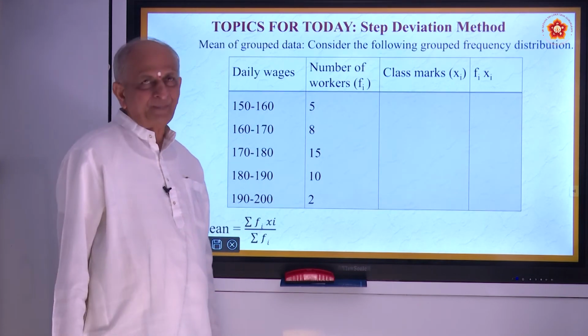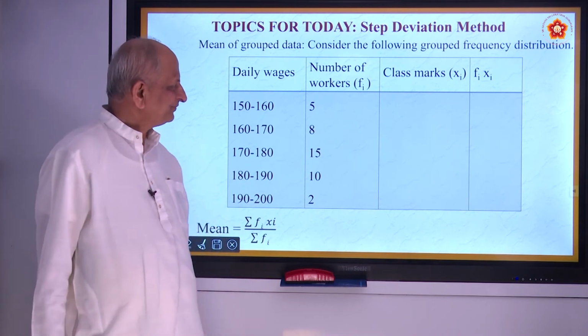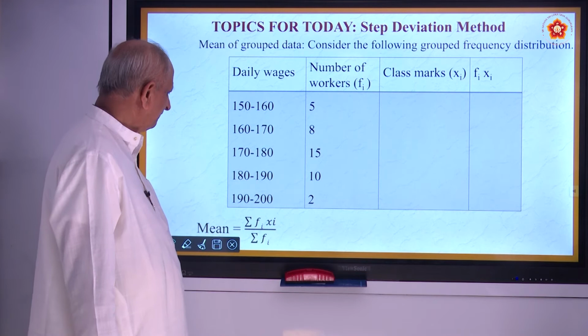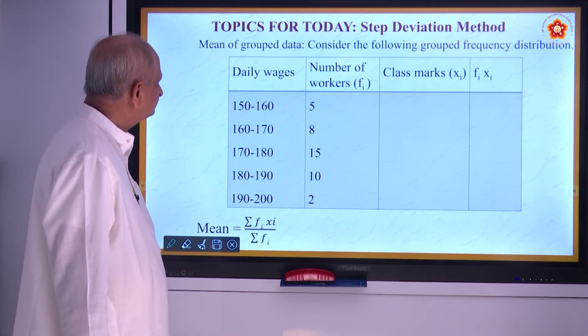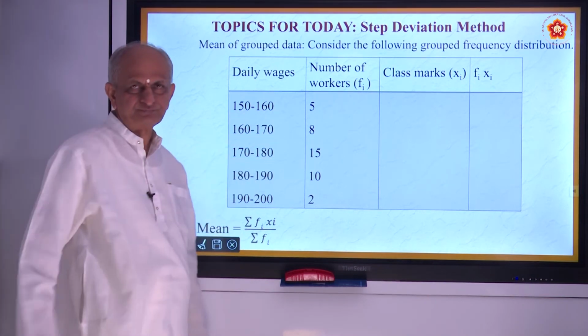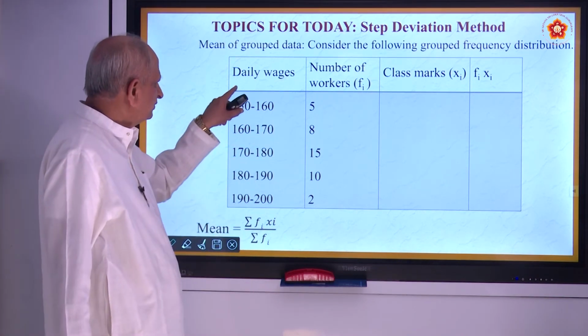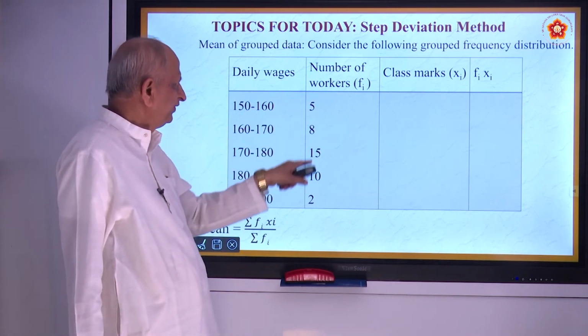It is called one more method, the step deviation method. So in the step deviation method, we have mean of grouped data. This is what is called grouped data. We have daily wages written in these groups and a frequency.